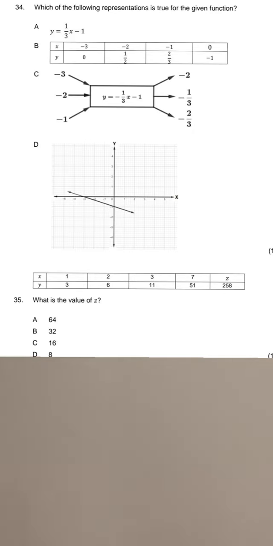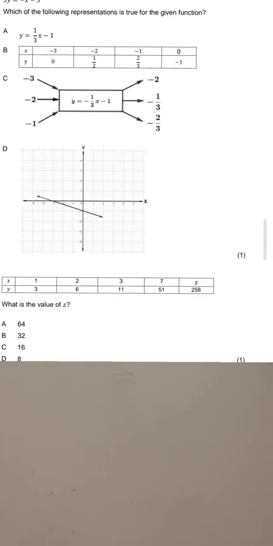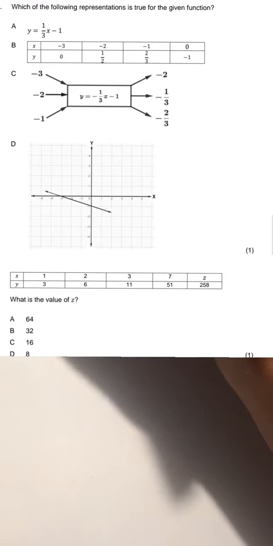So this is a typical example. If you look at your output values, your Y values, I just want you to check what's happening with the output values. You have 3, 6, 11 for your first 3 numbers.